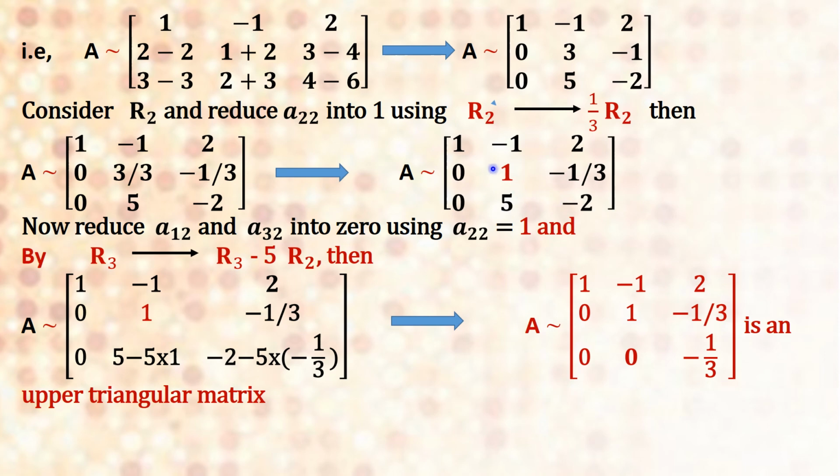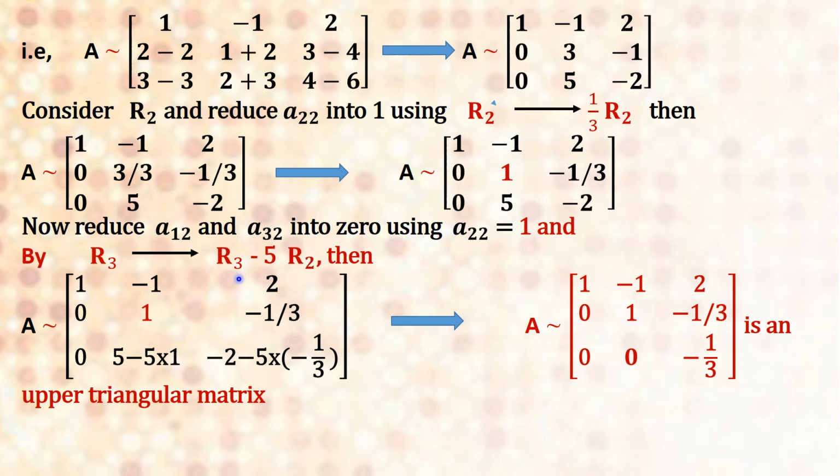Now we have to reduce this 5 into 0 to get the upper triangular matrix by using this 1. So the transformation used here will be R3 changes to R3 minus 5R2. That is 5 minus 5 we need.